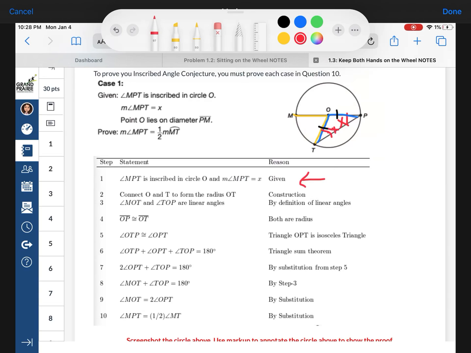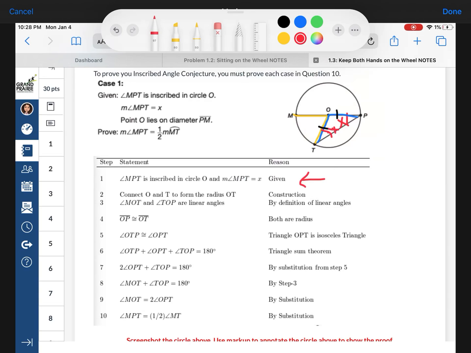That's why we can say in step 9 that they are equal by substitution. And lastly, we can then say that the measure of angle MPT is equal to one half the measure of, and this is a typo, it says the angle MT, but it's actually arc MT.